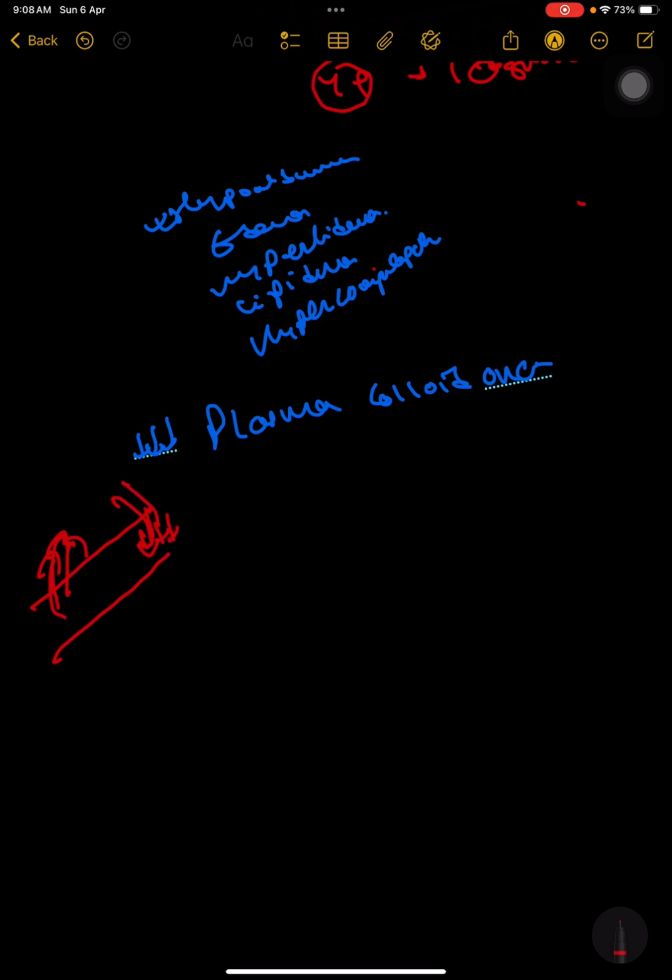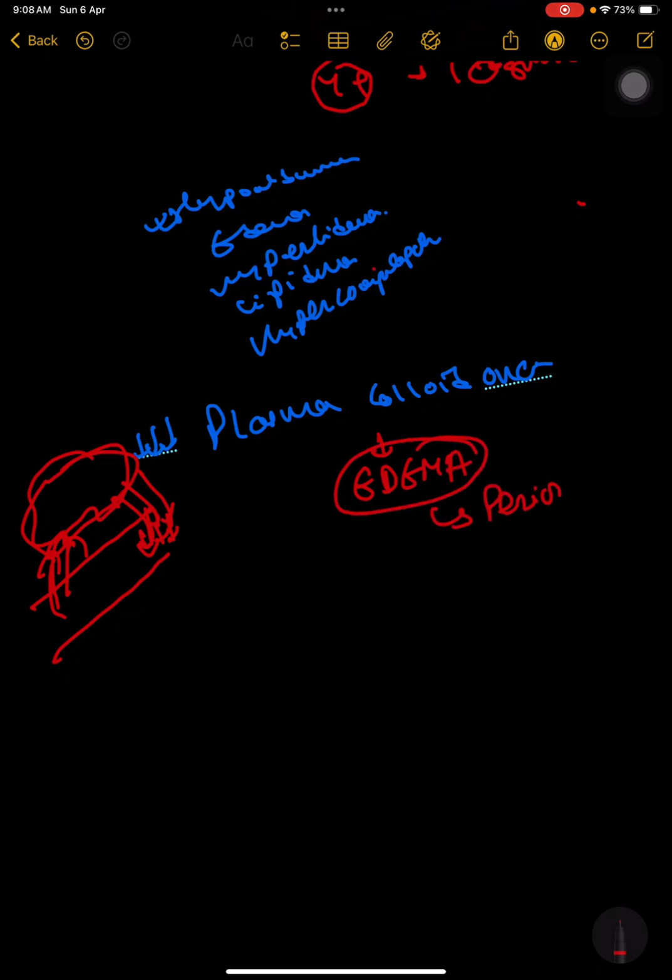The fluid is not able to imbibe into the vessels, so the fluid will be more in the interstitial space, and what is that known as? Edema. Very good. Edema starts from the periorbital region and can involve the whole body. The whole body can be edematous, but first it's the periorbital region.